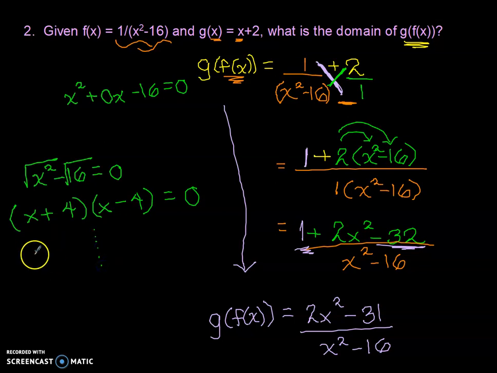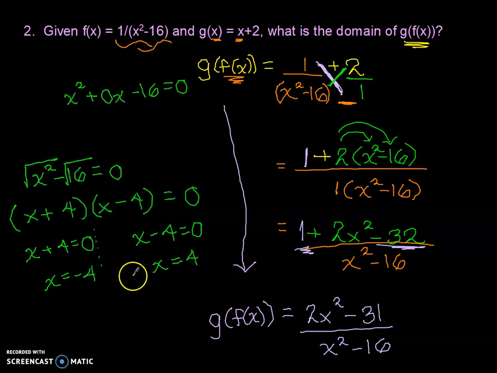So factor it, the other side is 0. That means I'm going to set each parentheses equal to 0. And I will get x equals negative 4 and x equals positive 4. So these are the two values that would make my denominator 0. So those are the two values that x cannot be.